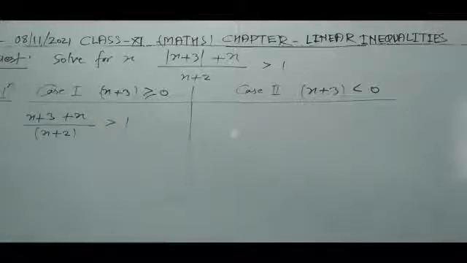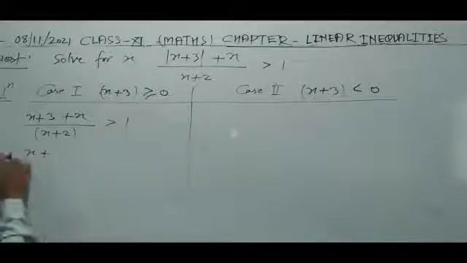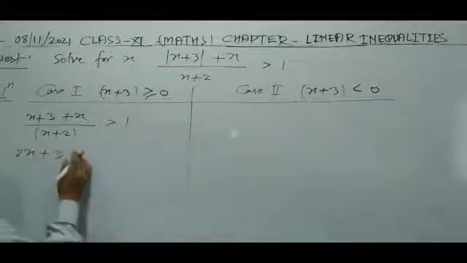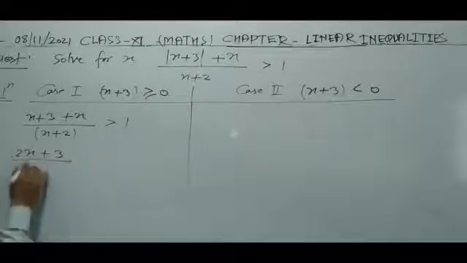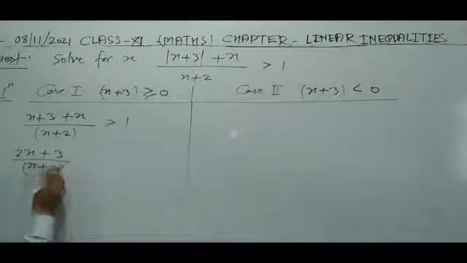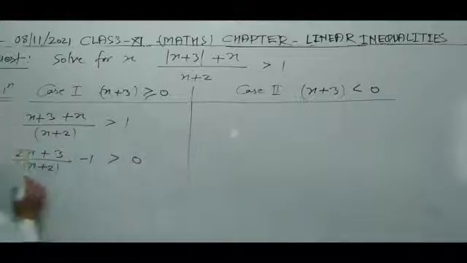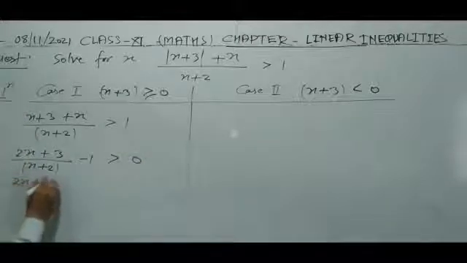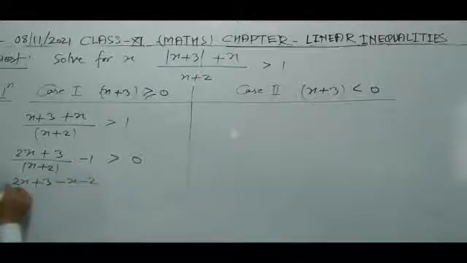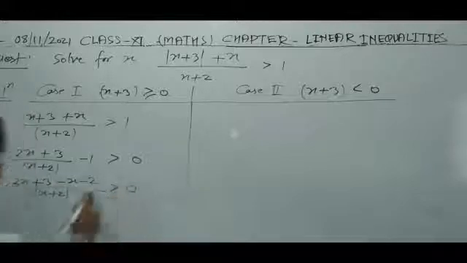And now we have to simplify. After calculation, you will get (2x + 3) upon (x + 2) minus 1 is greater than 0. Now the expression is (2x + 3 - x - 2) upon (x + 2) greater than 0.